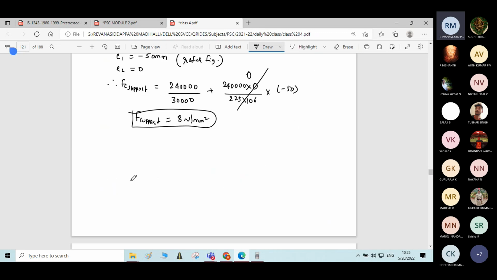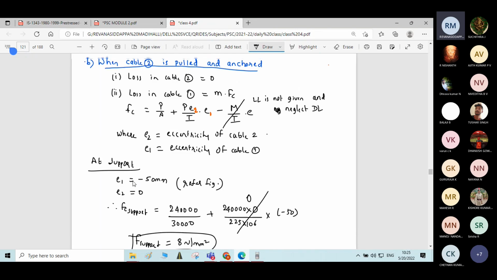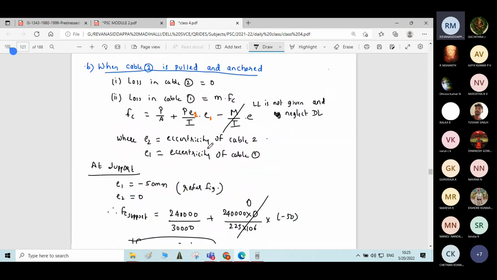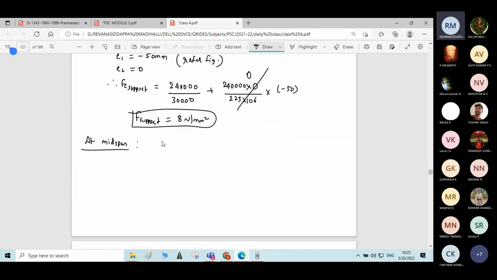Similarly, at midspan the eccentricity is the same for all the cables. E1 is equal to E2 is equal to E3 is equal to 50 mm.